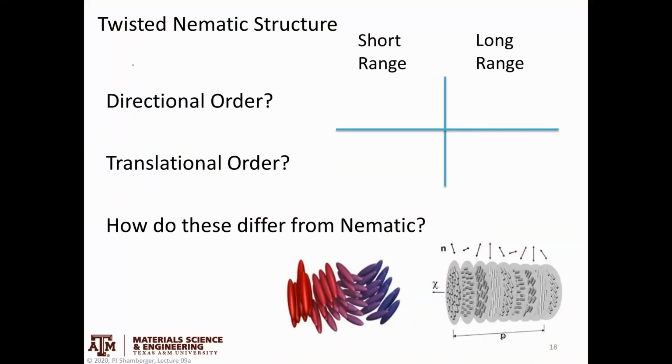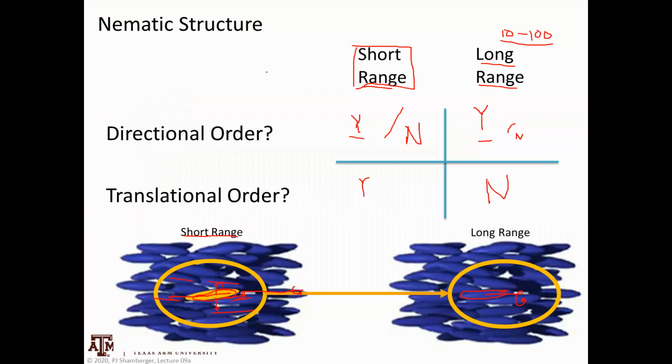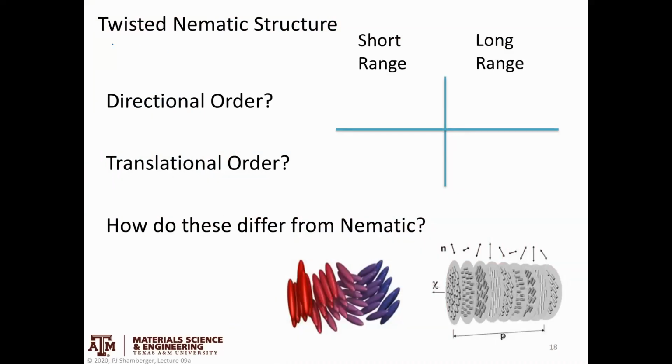Okay, so that was a nematic structure. Next, we're going to think about something called a twisted nematic structure. And in many cases, this behaves relatively similarly. Translational order, again, we'll have some short-range translational order, but no particular long-range order.